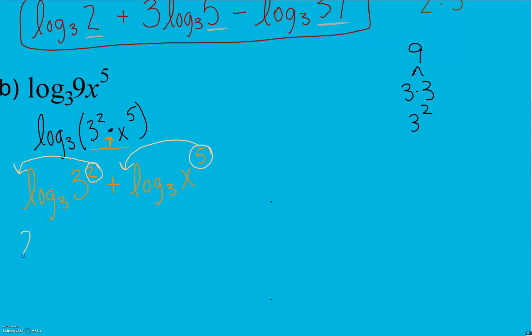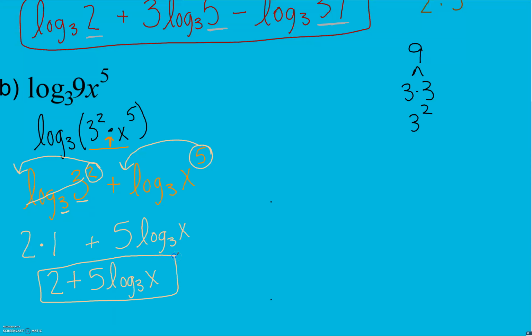Right now we have 2 times log base 3 of 3, which is just going to be 1, and 5 log base 3 of x. So we have 2 plus 5 times log base 3 of x, which is as expanded as we can go there.